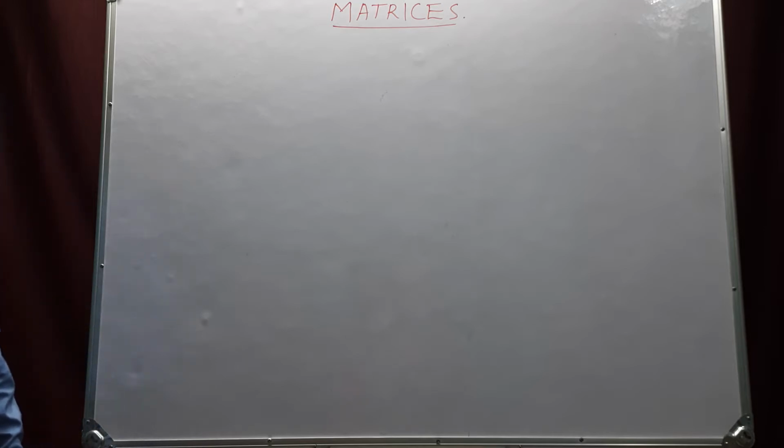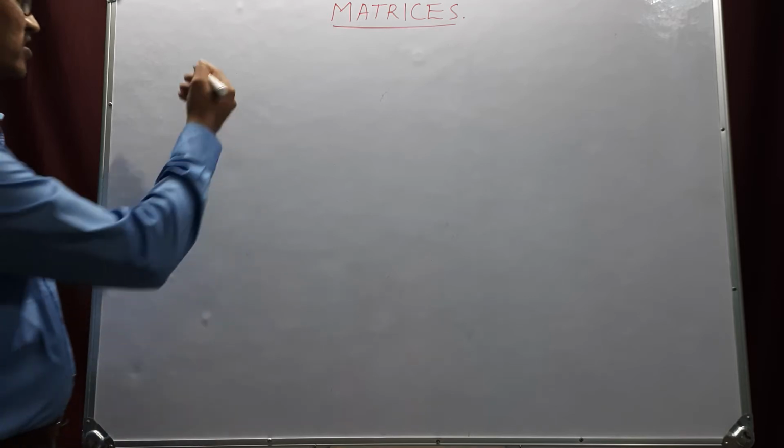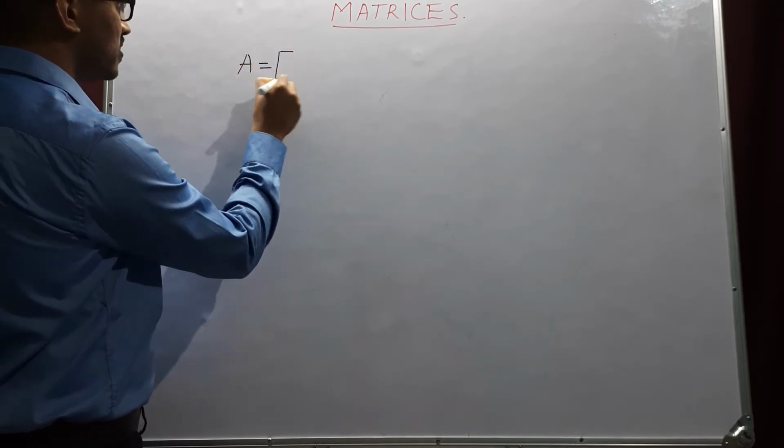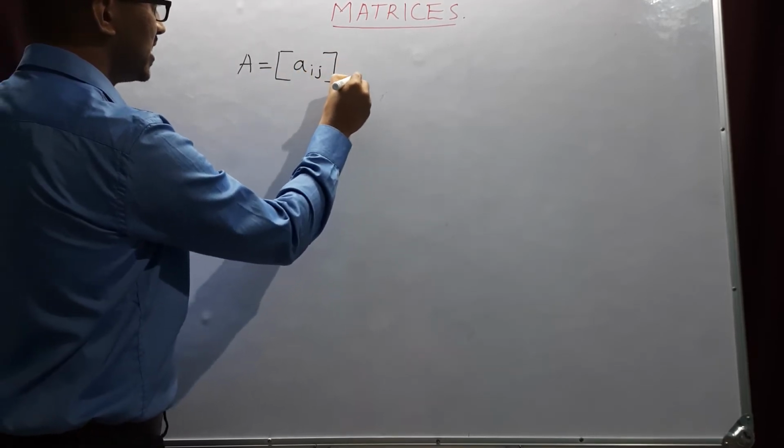So suppose A is the matrix of order m by n, then we are going to write A like this. A is equal to [aij] m by n.